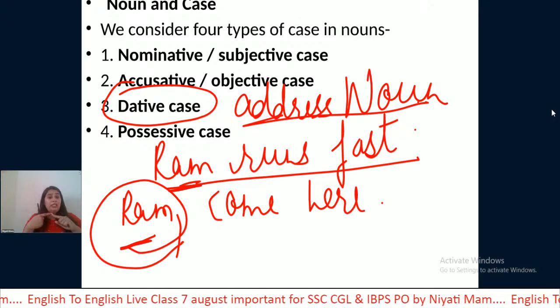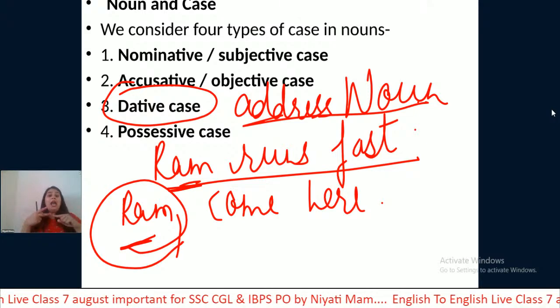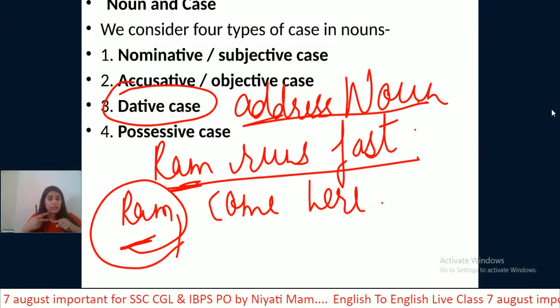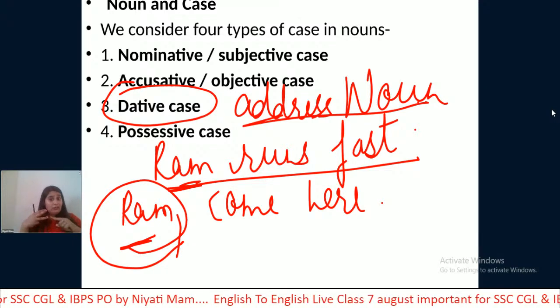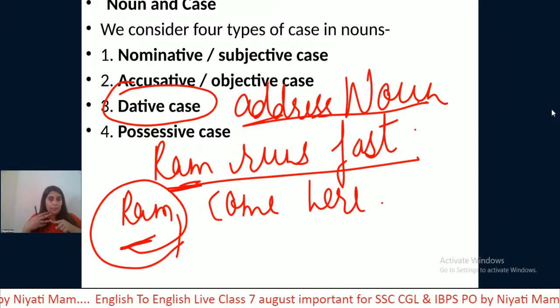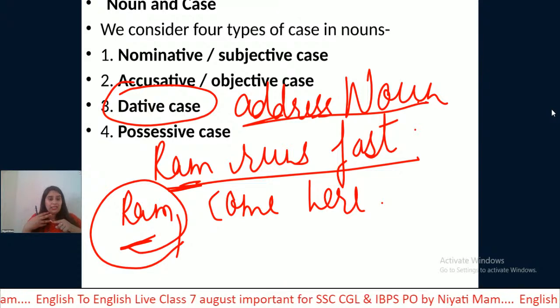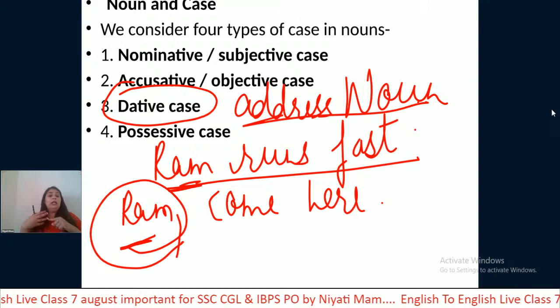Subjective case or nominative case says that a noun can behave as a subject in the sentence. Accusative case or objective case says a noun can work as an object in the sentence. Dative case says that we can address a noun. We can call a noun by his or her name.